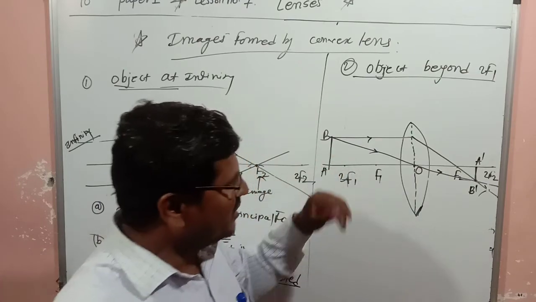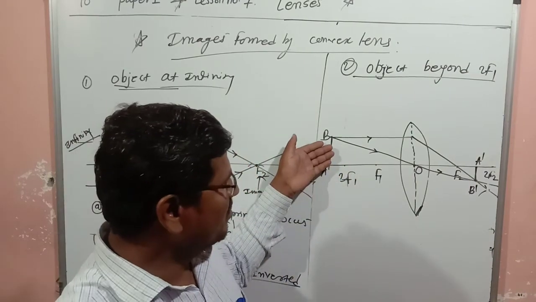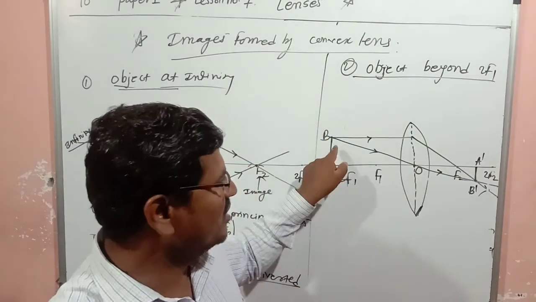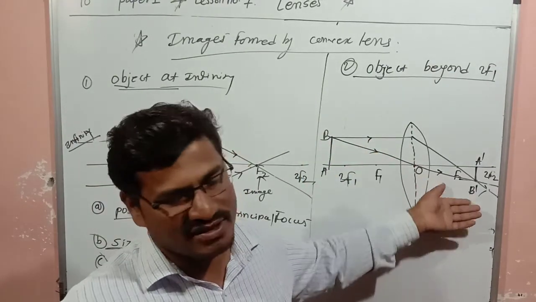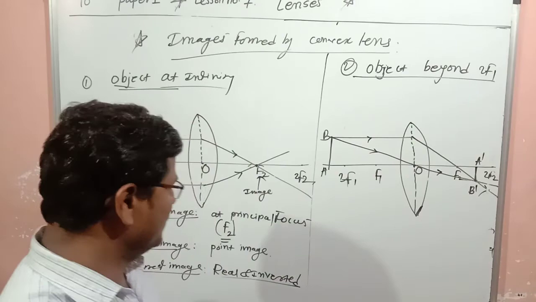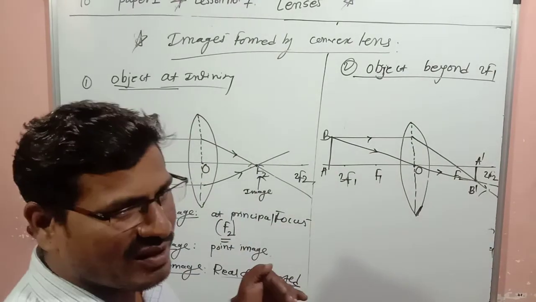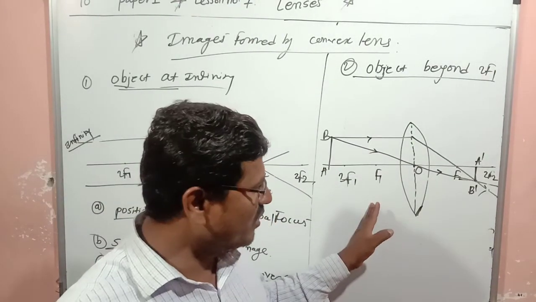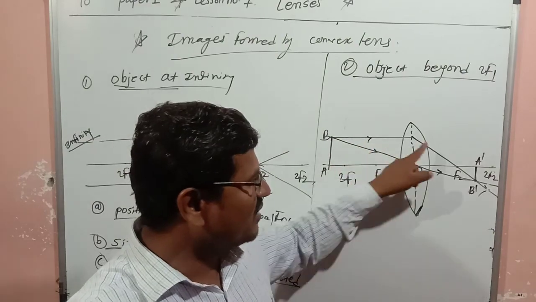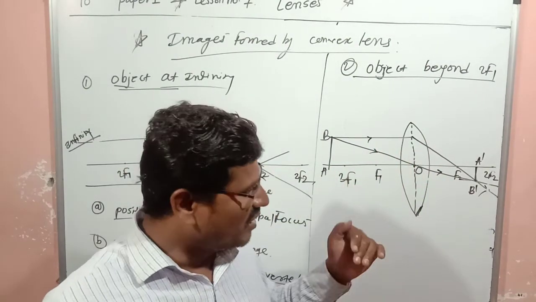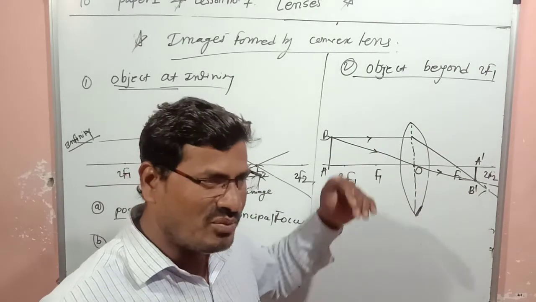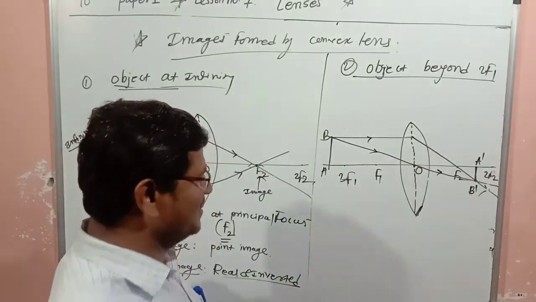So upside down happens, that means B came to the downside. Here B is above the principal axis, and here B dash is below the principal axis. So the image is real and inverted. Real, because the refracted light rays are meeting at a single point. Inverted, because it is formed below the principal axis.